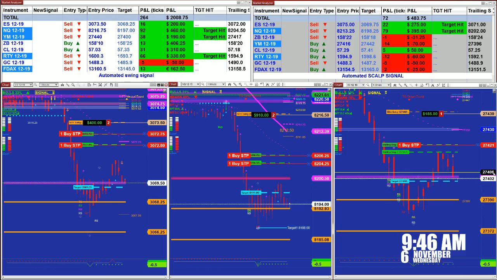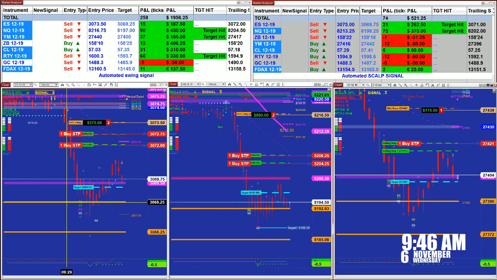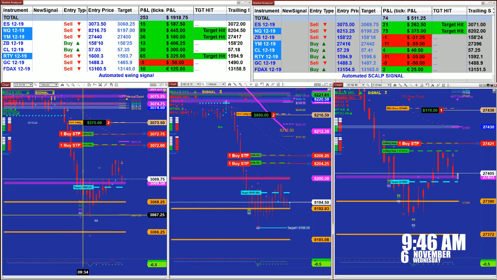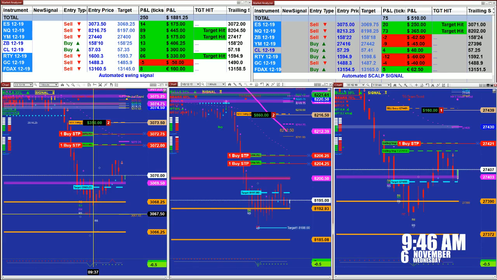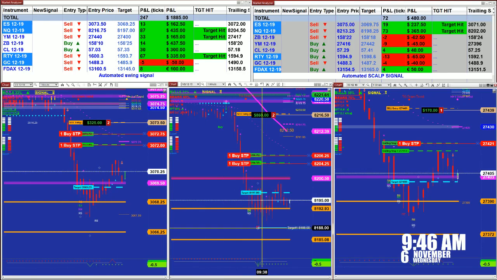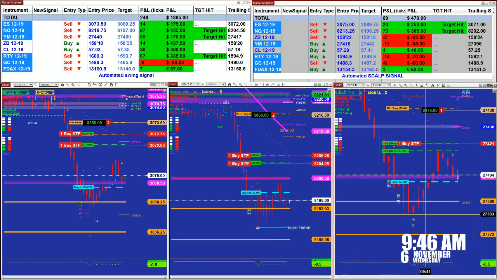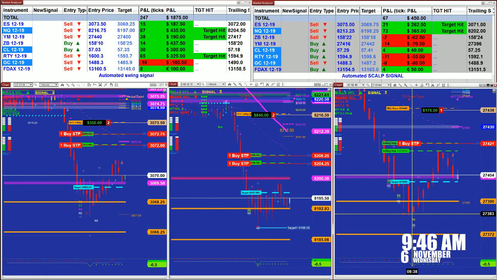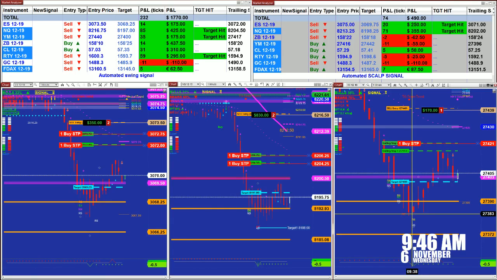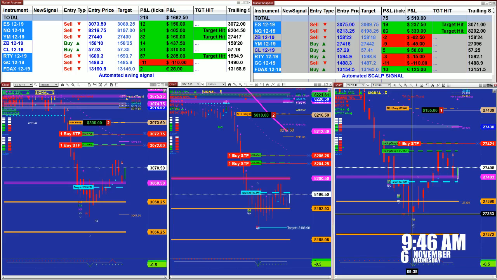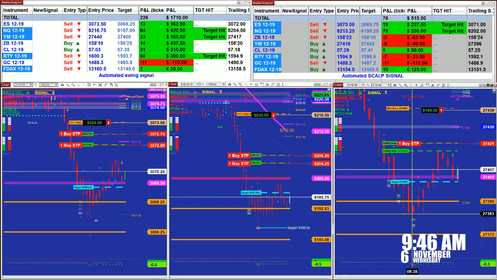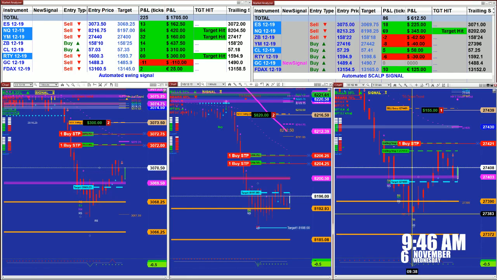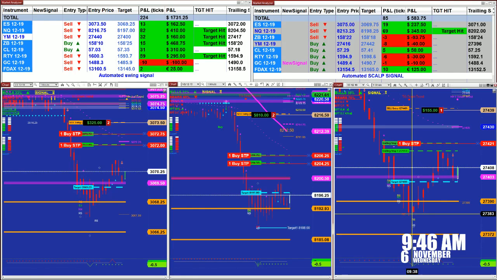When this market starts entering this area between these 2 yellow lines and these 2 yellow lines here, as you see, the ES, Nasdaq, Dow Jones, when they got in between those 2 yellow lines, this means there is no more short trade, and now you need to start exiting those trades. This way you can maximize your profit.